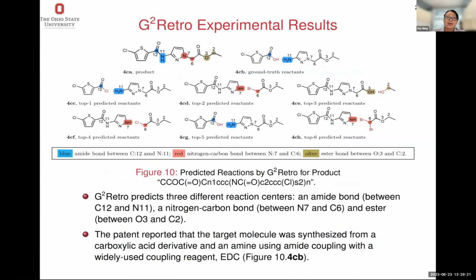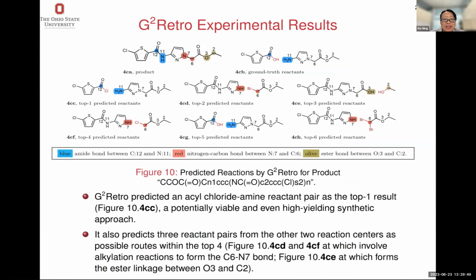And another example here: we want to produce this product, and our method can predict different reaction centers. The ground truth here is the reaction that has been patented, and in our case, we can accurately predict that in our top 5 predictions. However, among other top predictions, for example, our top 1 prediction is potentially viable and probably even higher in yielding.